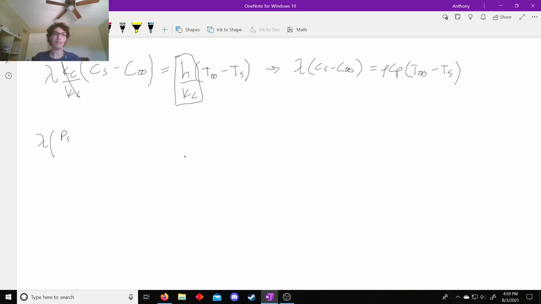It's a little bit misleading when we say at the surface. It's not exactly on the surface, it's directly above the surface in the air. And we divide by our gas constant and temperature at the surface. And then we're going to do the same thing for our concentration far away.